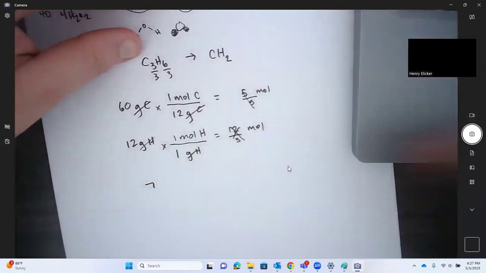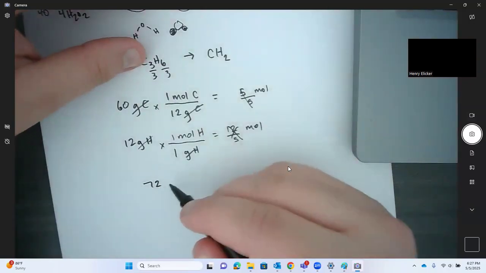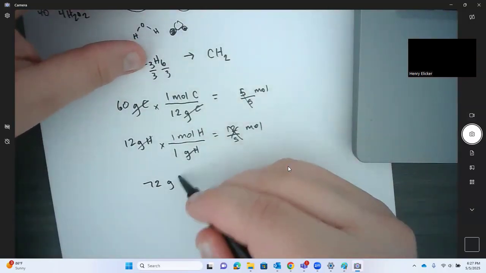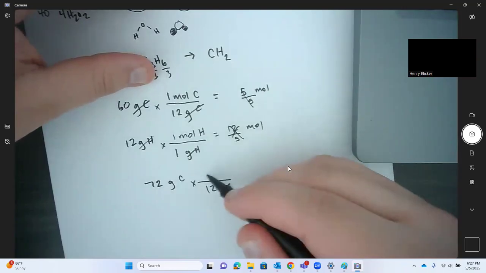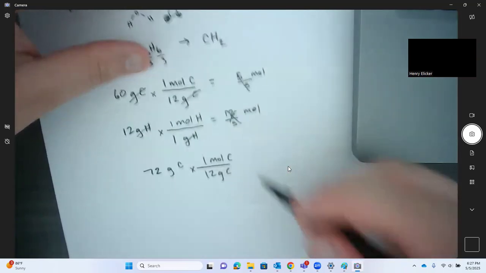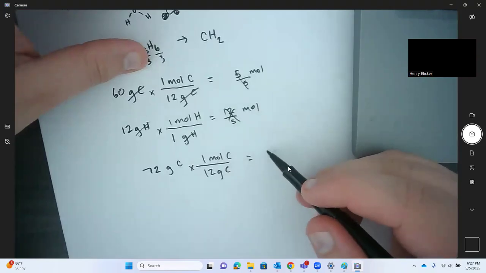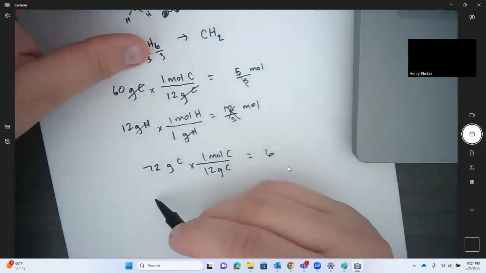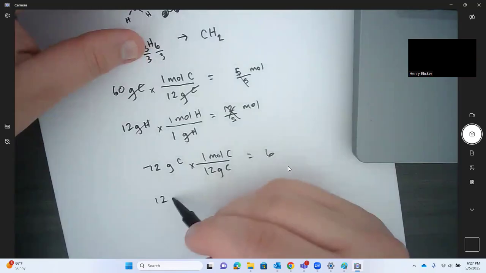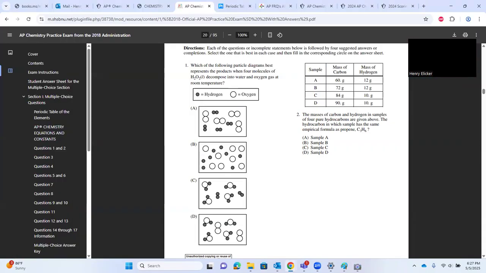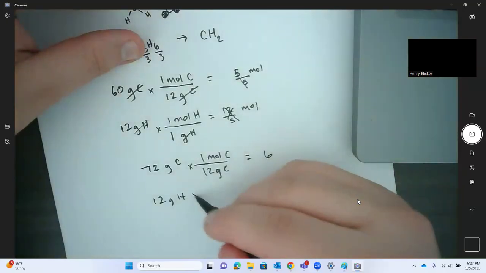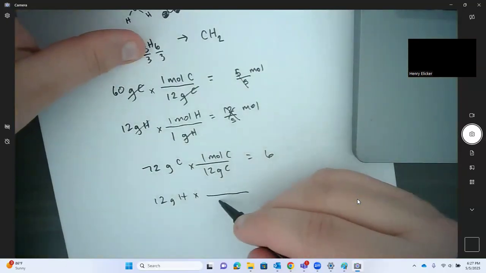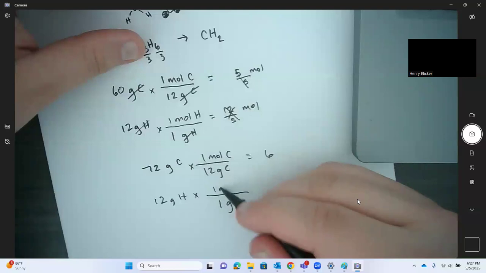So your 72 grams of carbon, quickly turn that into 12 grams of carbon per 1 mole carbon. Okay, 72 divided by 12 is 6. Then they said the ratio is 72 grams of carbon in the sample to 12 grams of hydrogen. We're just going to do the molar mass again.